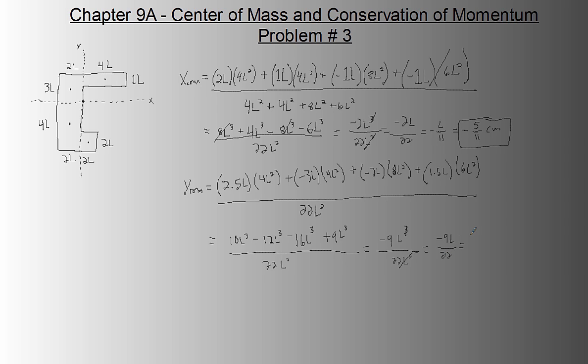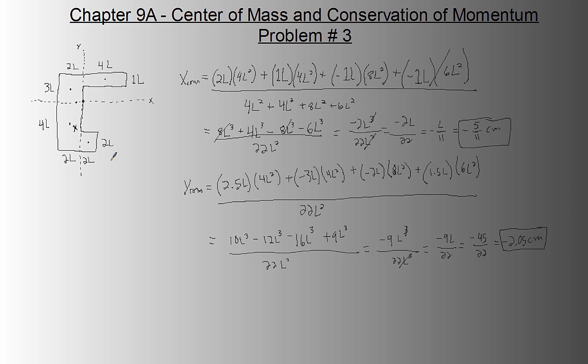Plug in the 5 for L, so that's negative 9 times 5 is 45 over 22, which is negative 2.05 centimeters, and that is the y coordinate of the center mass. So we basically go over 5/11ths, which is about here-ish, down 2.05-ish, which is like over here. So the center of mass of the whole system is about right there.